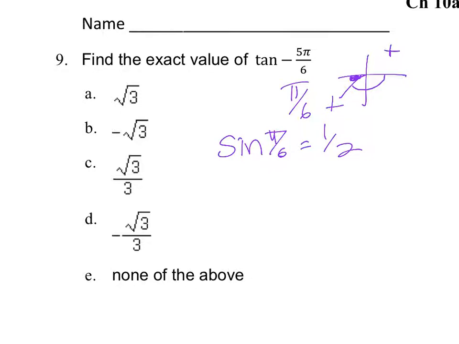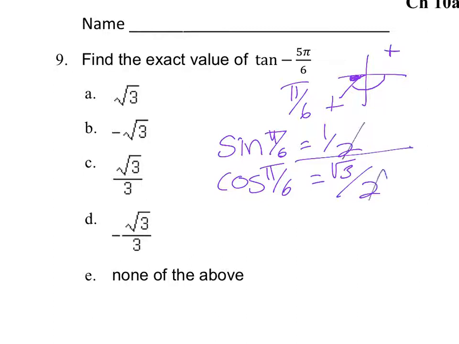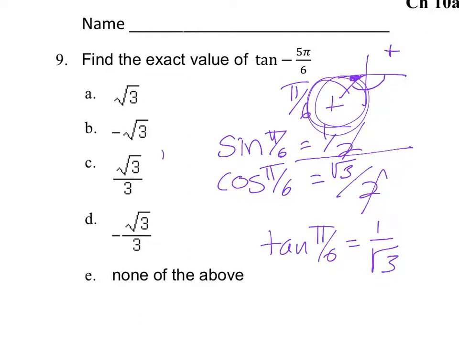So that means that the cosine is the root 3 over 2 number. Tangent is sine over cosine, so if I cross out the 2's, I end up with the tangent as 1 over root 3. Well, I rationalize that and I get root 3 over 3. It's a positive number, so it's going to be a positive root 3 over 3.